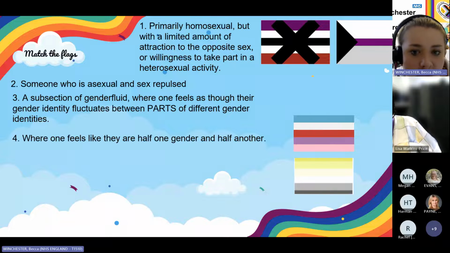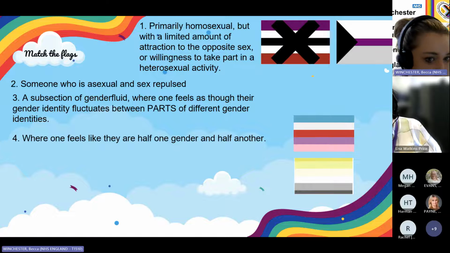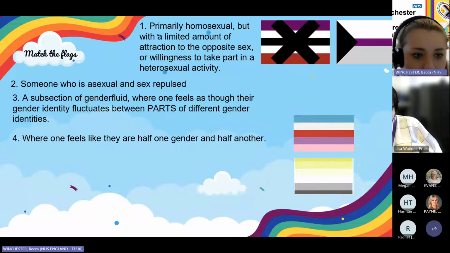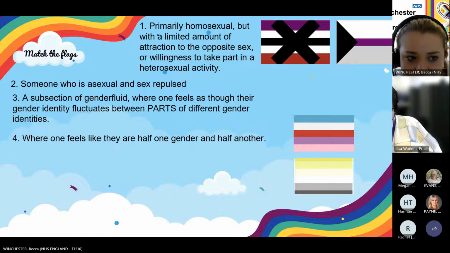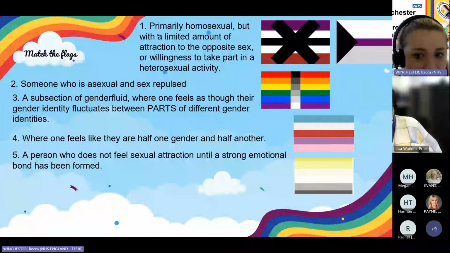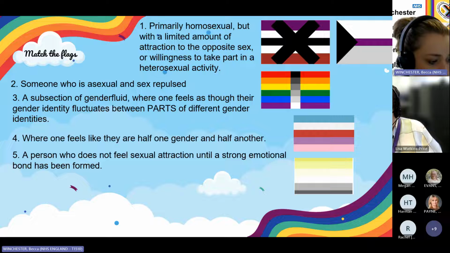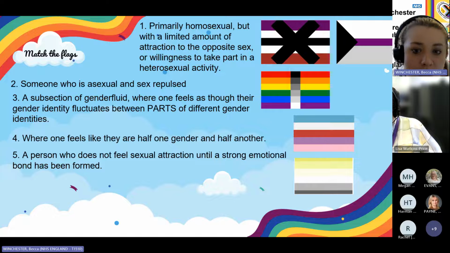Statement 4, which is aerogender, matches flag 6, so the yellow, cream, grey colours in the bottom there. Statement 5 goes with flag 3, so the rainbow with the grey stripe down the middle, which is a person who feels no sexual attraction until a strong emotional bond has been formed, and that's what we call Christogender.